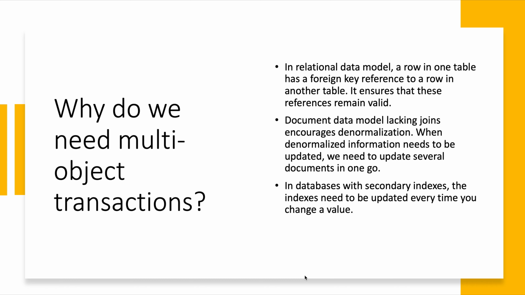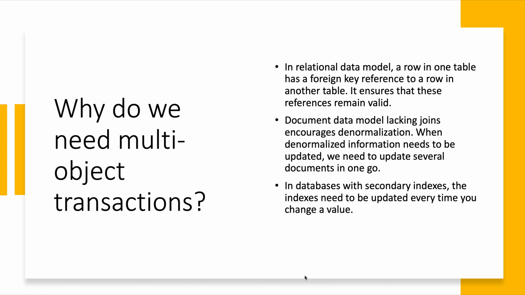Many distributed data stores have abandoned multi-object transactions because they are difficult to implement across partitions. But the question arises, why do we need multi-object transactions at all? Can we use single object operations only? Let us see some of the use cases where multi-object transactions are used.